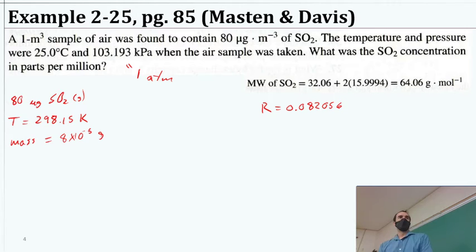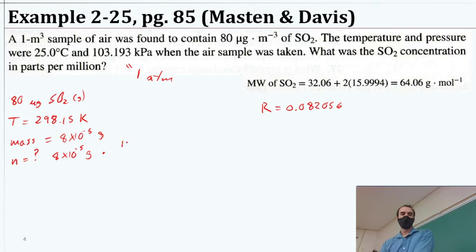Then I wanted to know, okay, what does that correspond to in terms of the number of moles we have of sulfur dioxide? What we can do then is take the 8 times 10 to the minus 5th grams and divide that by the molecular weight, 64.06 grams per mole.